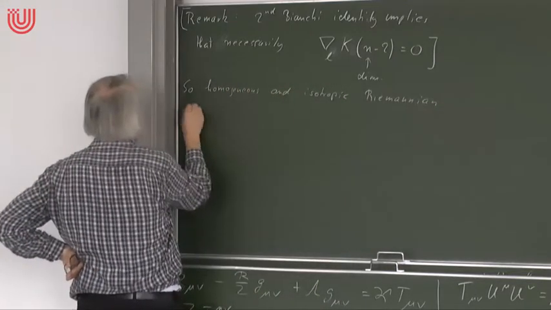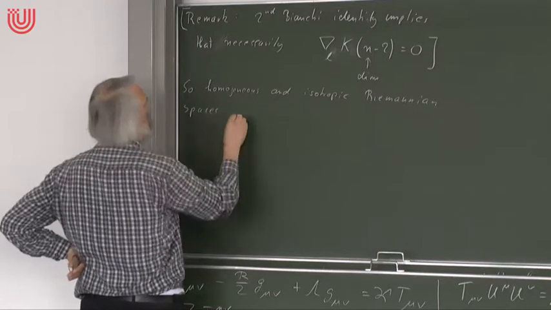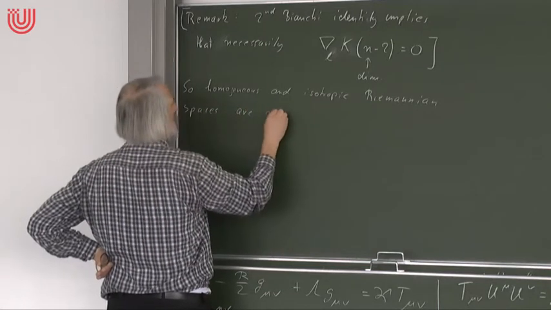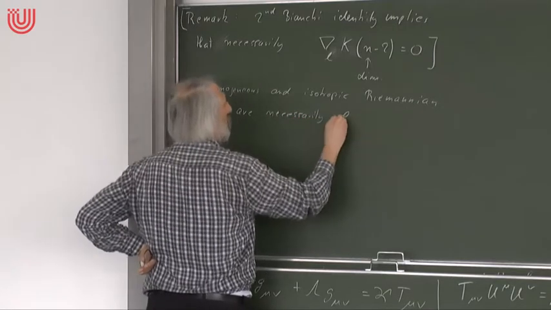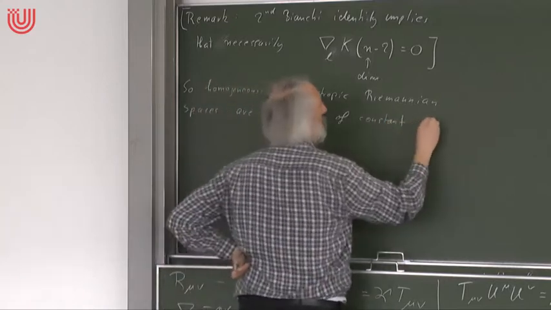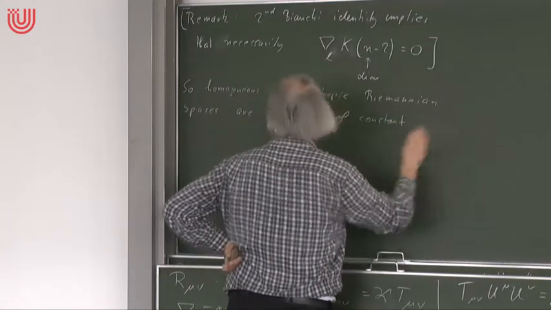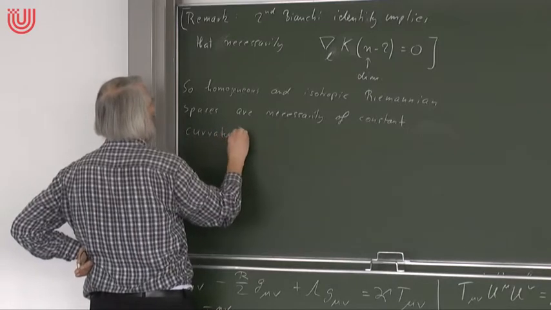Riemannian spaces or Riemannian manifolds is the same thing. Riemannian spaces are necessarily of constant curvature. And now the question arises, how many spaces of constant curvature exist?